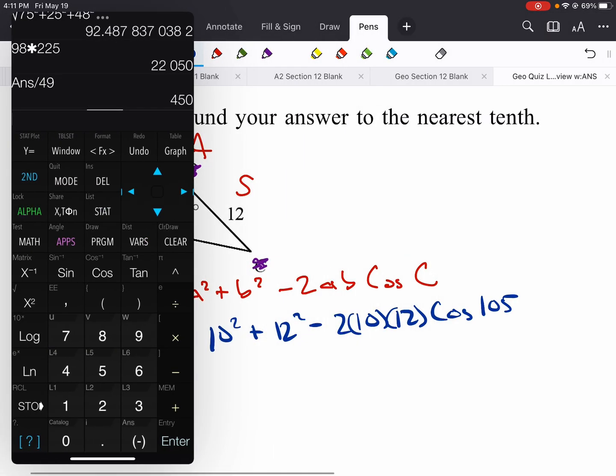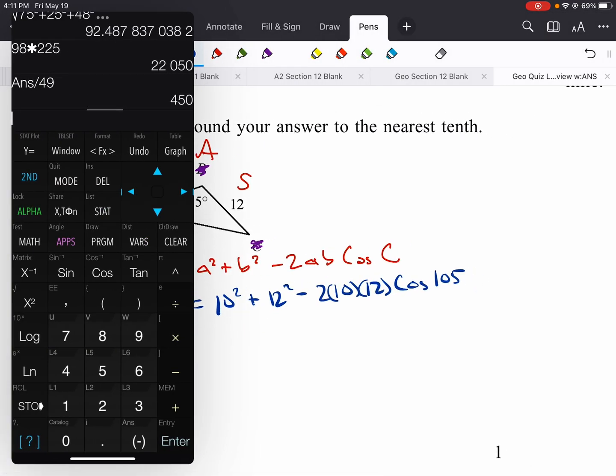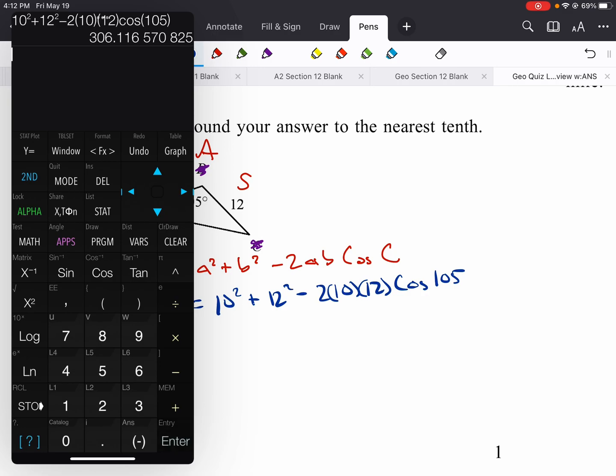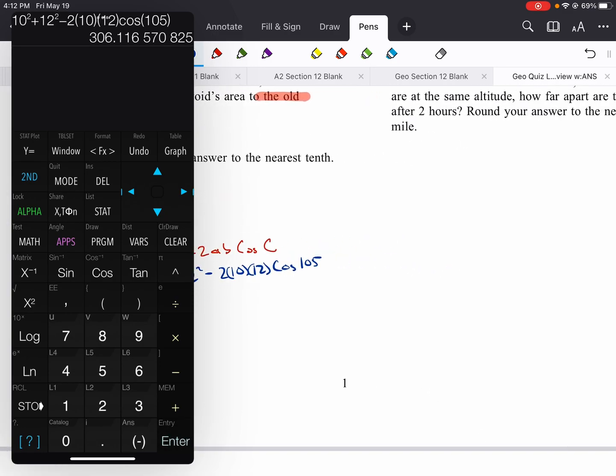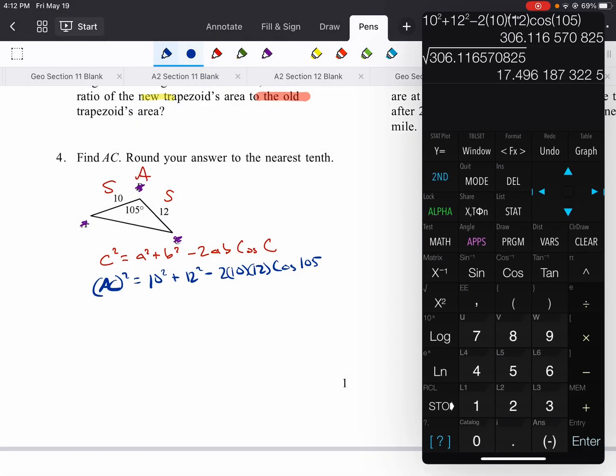At that point, you go to Mr. Calculator, and you got 10 squared plus 12 squared minus 2 times 10 times 12 times cosine of 105. Okay, just hit enter, and then you'll be like, wait, that seems a little long. It's because you didn't take the square root yet. So do square root of that answer, and you get 17.5.